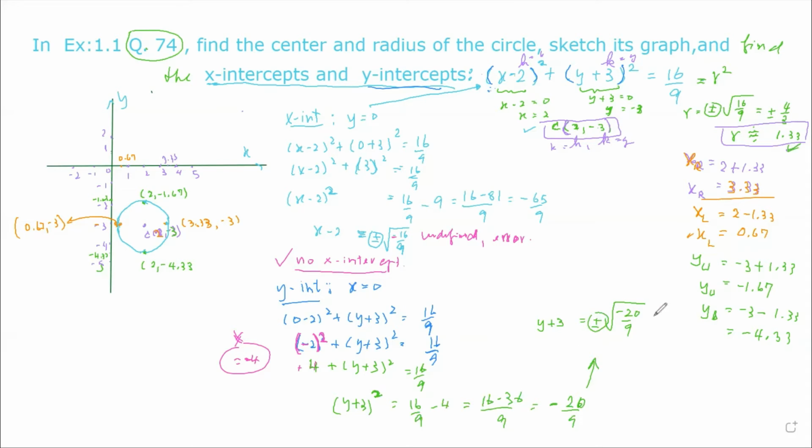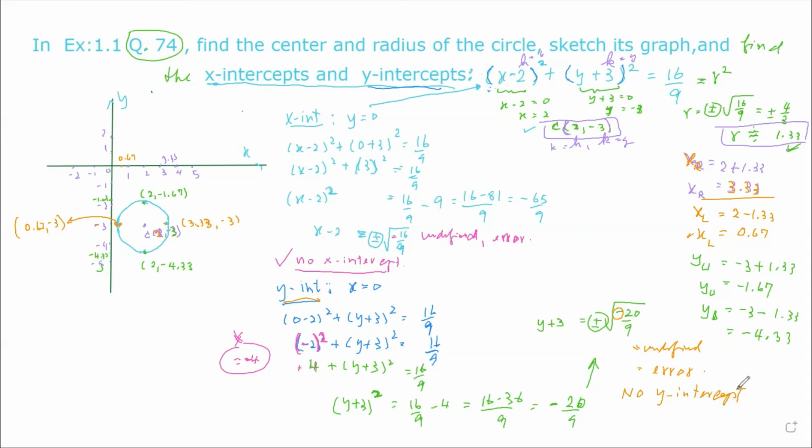Everyone got that? So again, you see this. This one has a negative under the square root. So it's undefined again, correct? Or when you use a calculator again, it will show you error. Okay, so that means in this case, no y-intercept. Same thing.